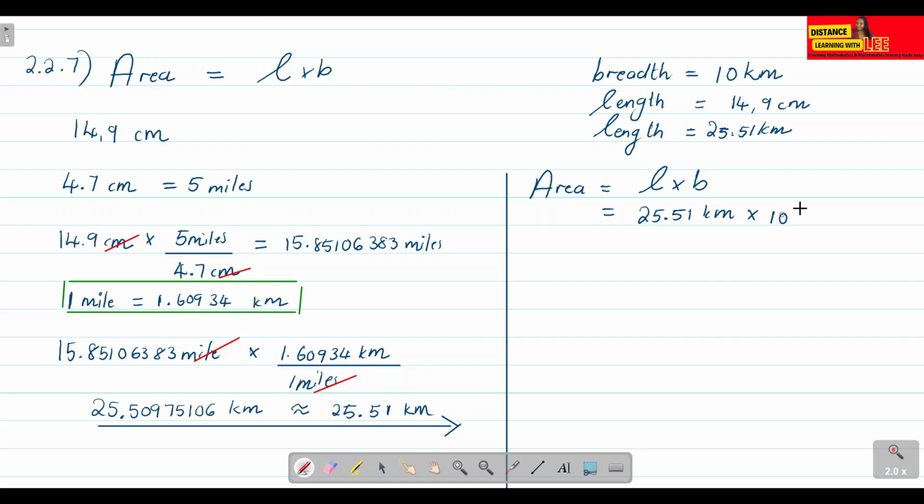It is 10 kilometers. Therefore, the area is equal to 255.097516, which is approximately equal to 255.10 kilometers squared.